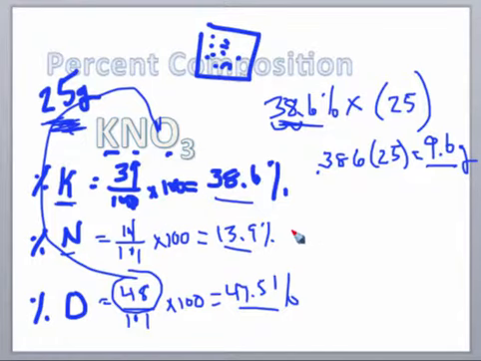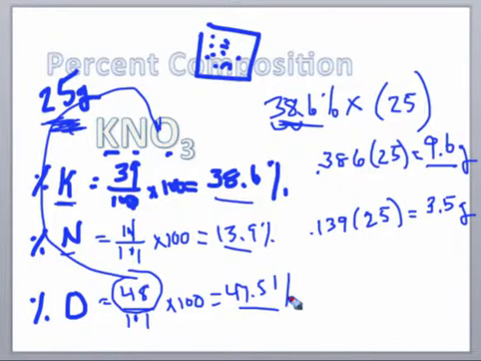We can do the same thing with nitrogen. We'll take 0.139 times our original sample, which is 25, and that's going to give us 3.5 grams. And we can do the same thing with oxygen, 0.475 times our original sample, and that's going to give us 11.9 grams.